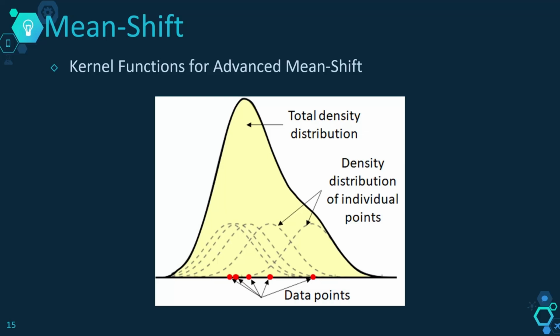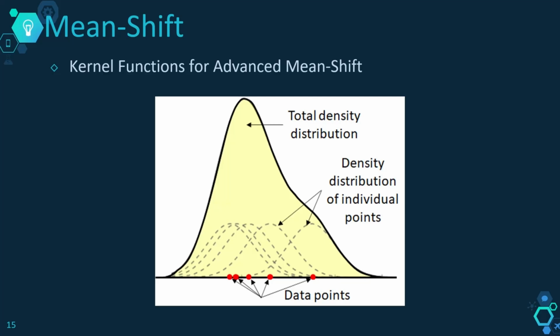We believe that every point has its own density distribution. Right at this point, the density is high, and when you move away from it, the density gets lower. If we don't use the kernel function, we only have density at one point, nothing between them. But if we use a density distribution, everything becomes continuous.